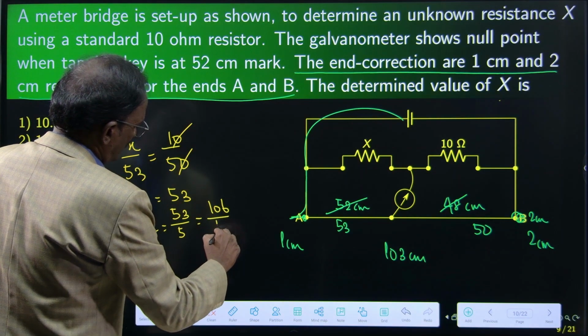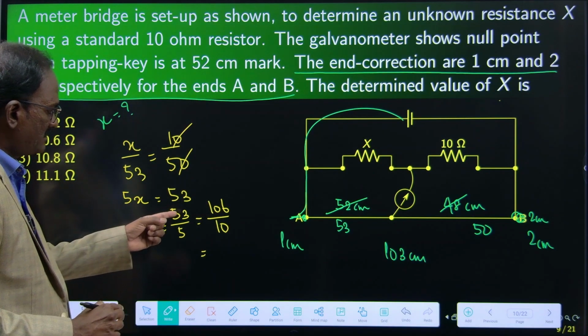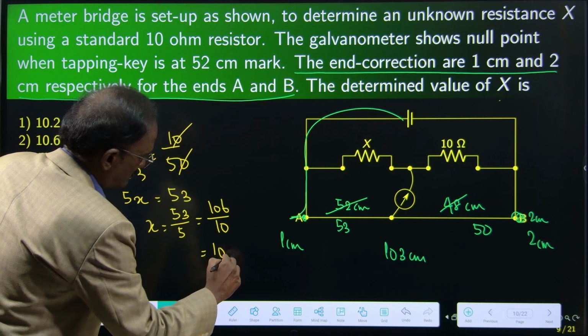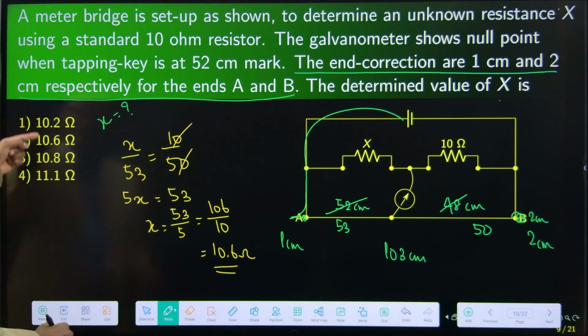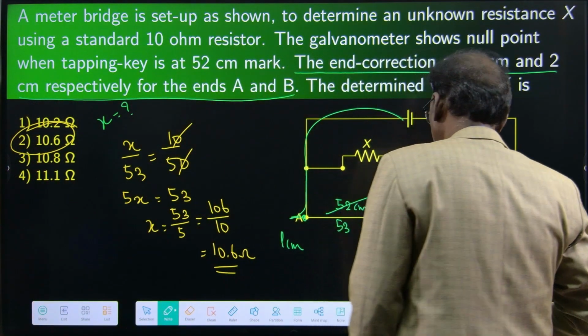So this is 106 divided by 10. I am multiplying the numerator and the denominator by 2. So this will be 10.6. The answer is 10.6 ohms. Option 2 is the correct answer. Right.